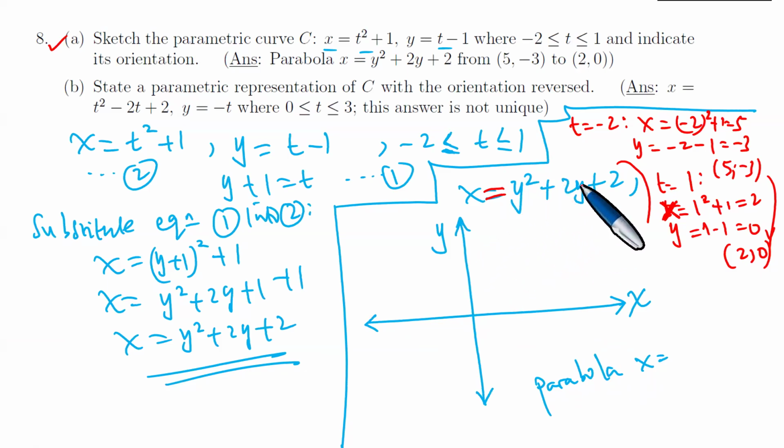Whenever y is 0, x is going to be 2. And then it's going to obviously have this shape here, like this.